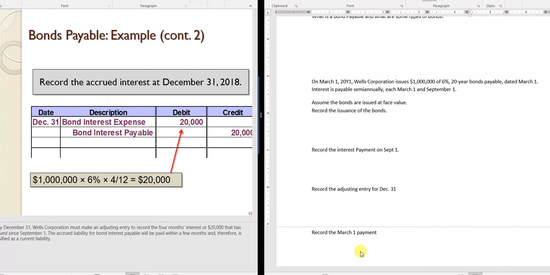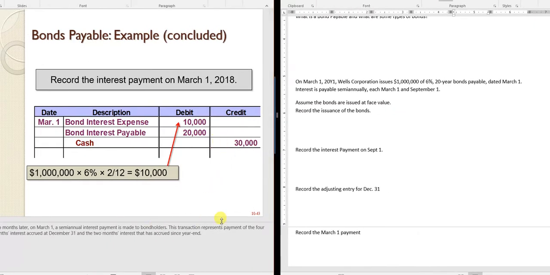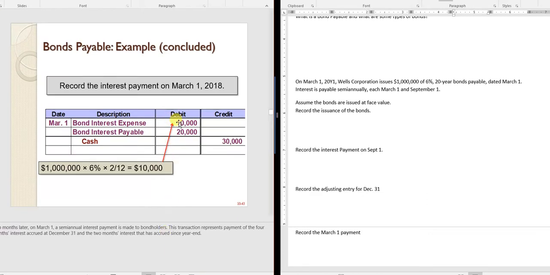And then on March 1st, I'm going to pay all $30,000. So I have January and February, so 2 months of the 6 months. So $10,000 is going to be interest expense. The $20,000 is going to come out of payable, and I'm going to pay $30,000 cash. So I'm going to debit bond interest expense for $10,000, which is January and February.